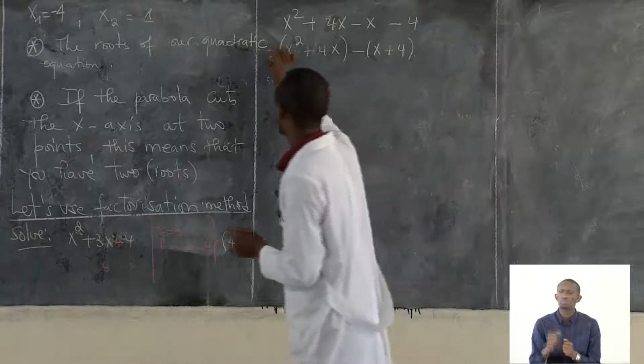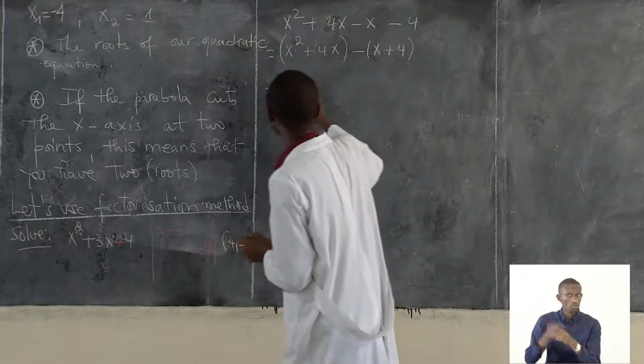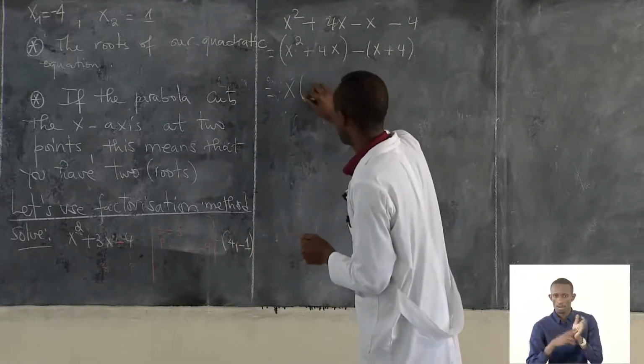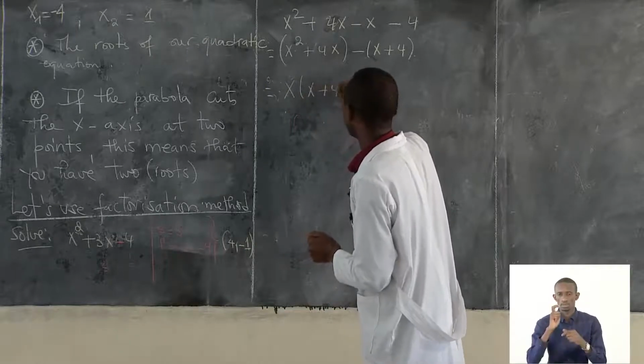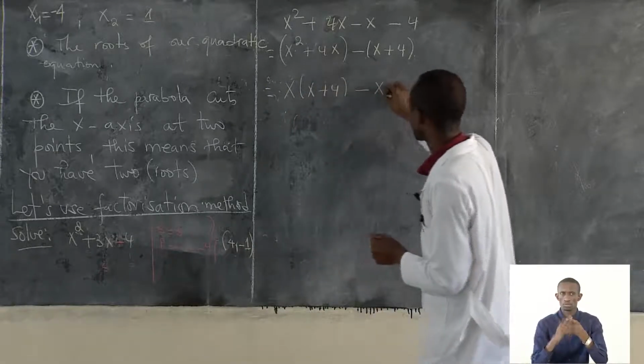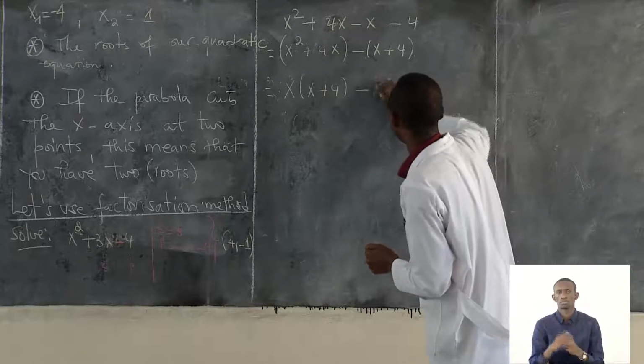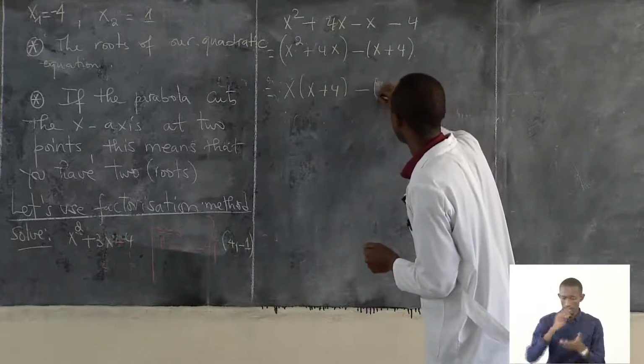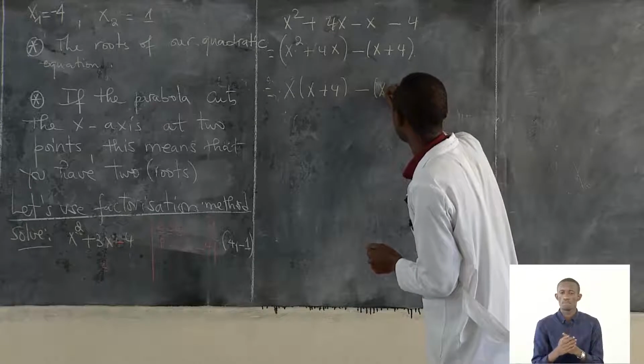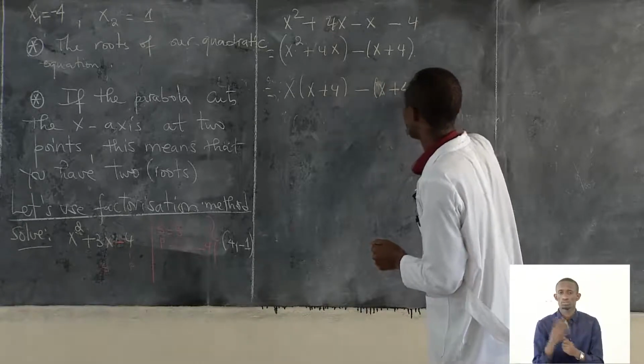What do I get? From here, I put x out of the bracket. I remain with x plus 4. And also here, 1 goes out, and I remain with the x plus 4.